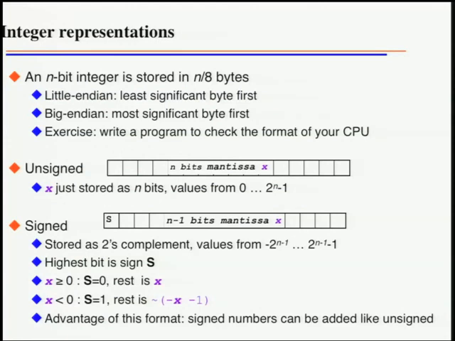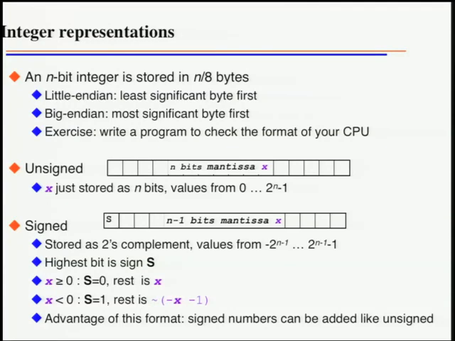In general, a byte has 8 bits. So an n-bit integer is stored as an integer with n divided by 8 bytes, right? Then the order in which the different bytes of the number are actually stored is again implementation defined.